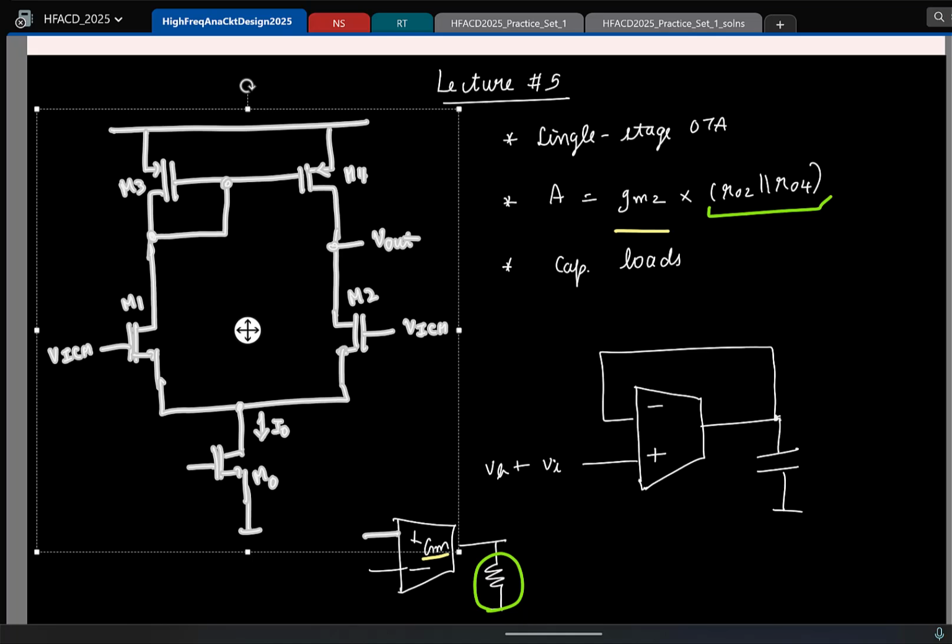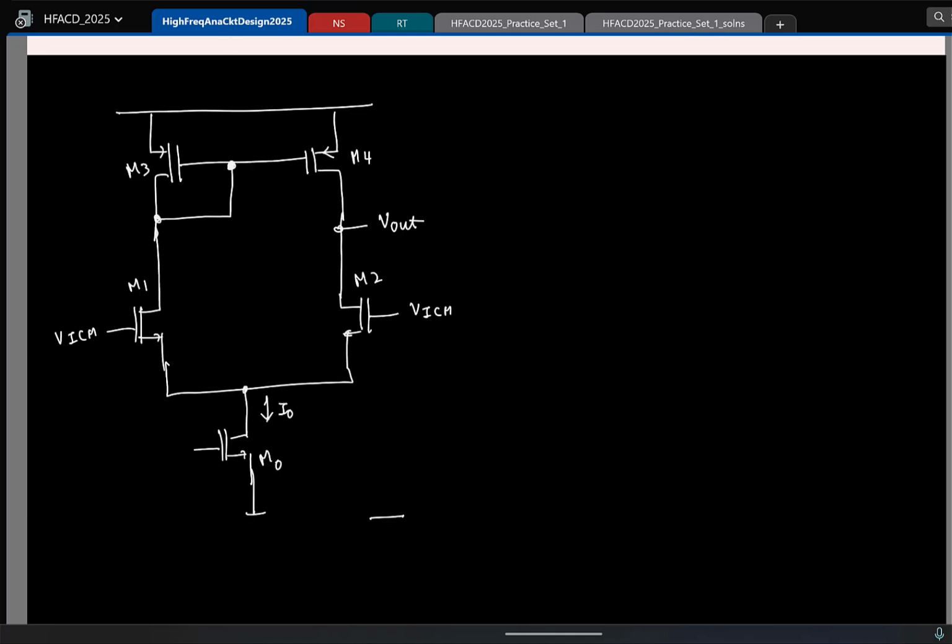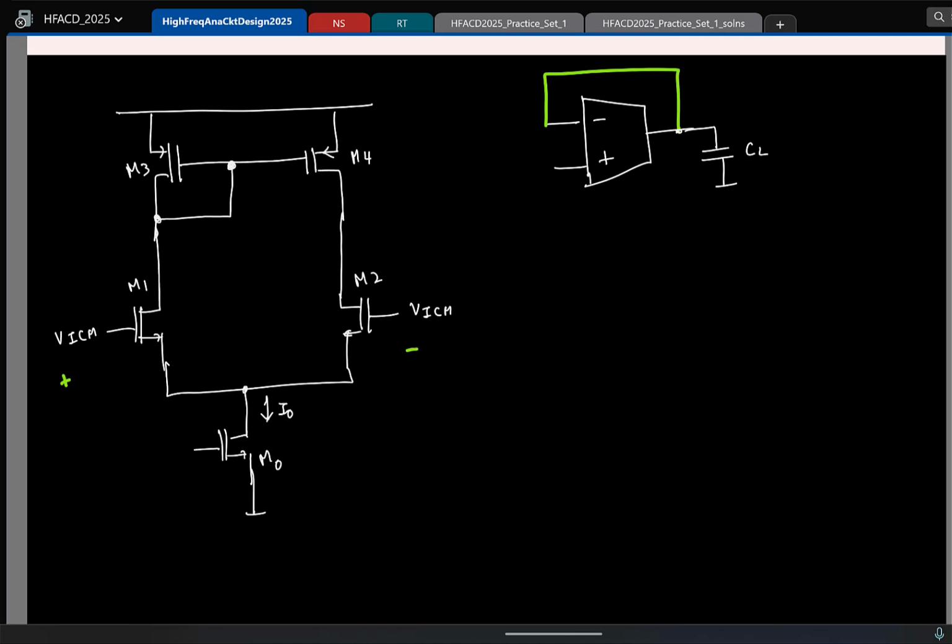Let me copy this. So let me try to make the same circuit. The OTA is going to be put in negative feedback. So let us say it's put in feedback like this, and then you have CL. So here please remember, this is the positive terminal, this is the negative terminal, so the feedback will happen this way.